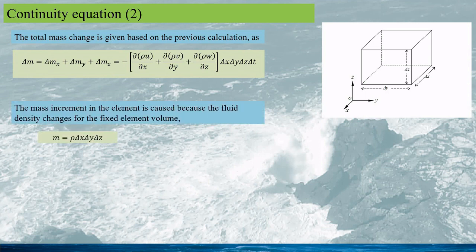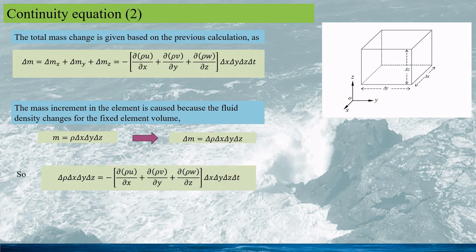At the same time, for the given cube, the mass increment means a proportional increment in the fluid density. Thus, we have the equation as this. Putting these two equations together, we have the equation for the fluid mass conservation, or the continuity equation.